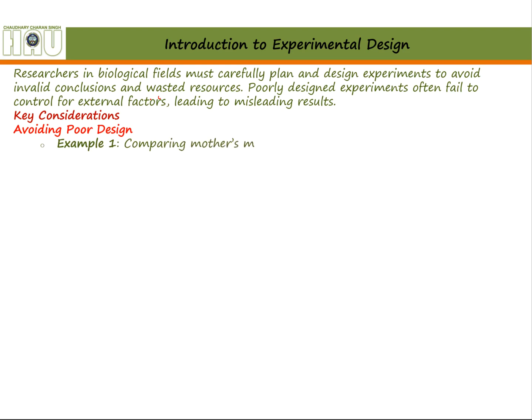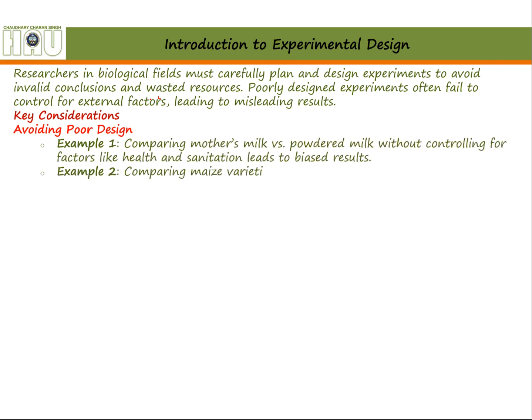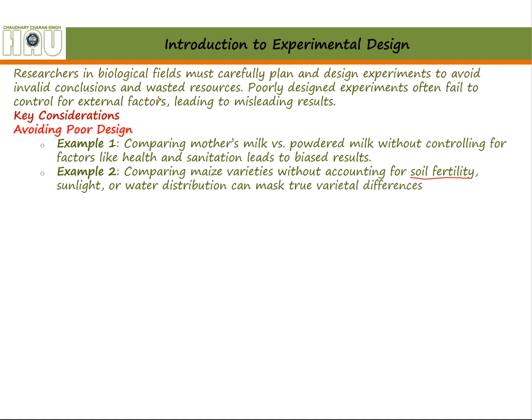In a second example, if you want to compare maize varieties without accounting for soil fertility, the direction of sunlight, or the water distribution, these factors can mask the true varietal effect from the experiment.